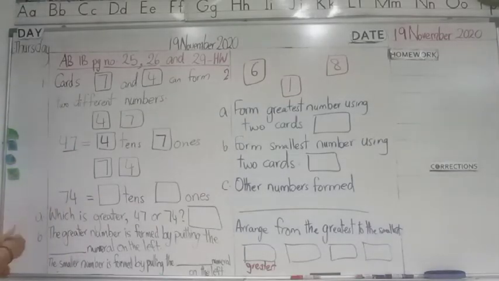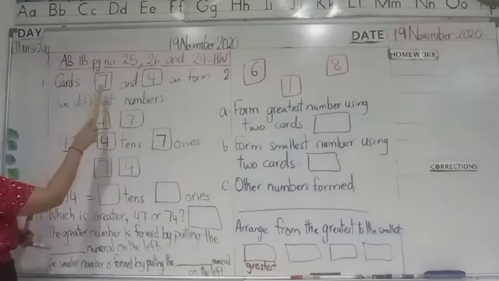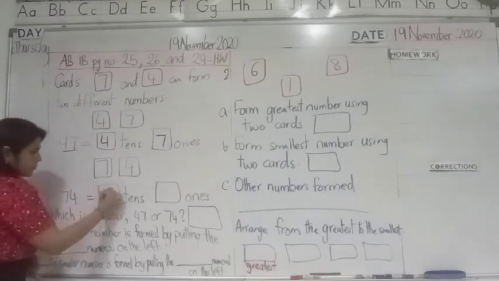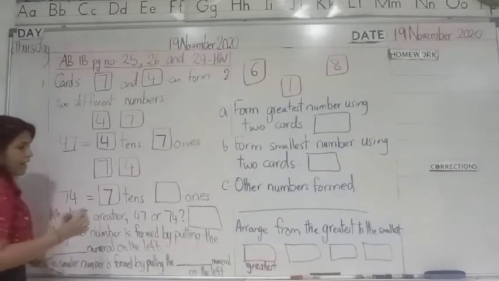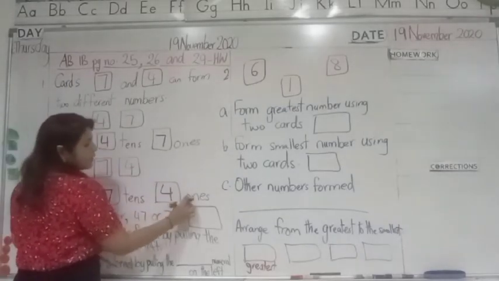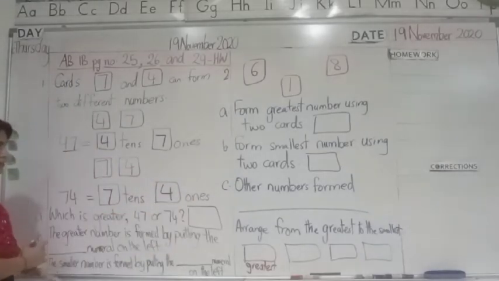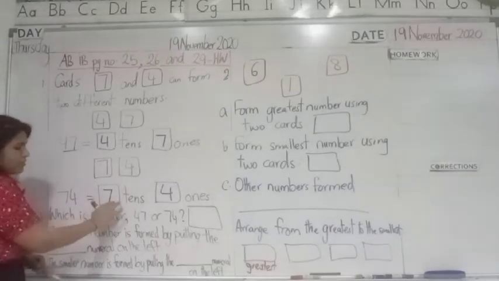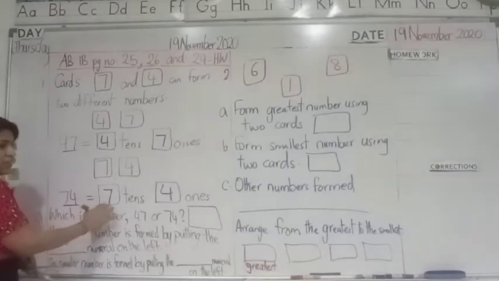Now, if you place the number 7 in tens place and 4 in ones place, 7 tens means 70, so this will become 74.